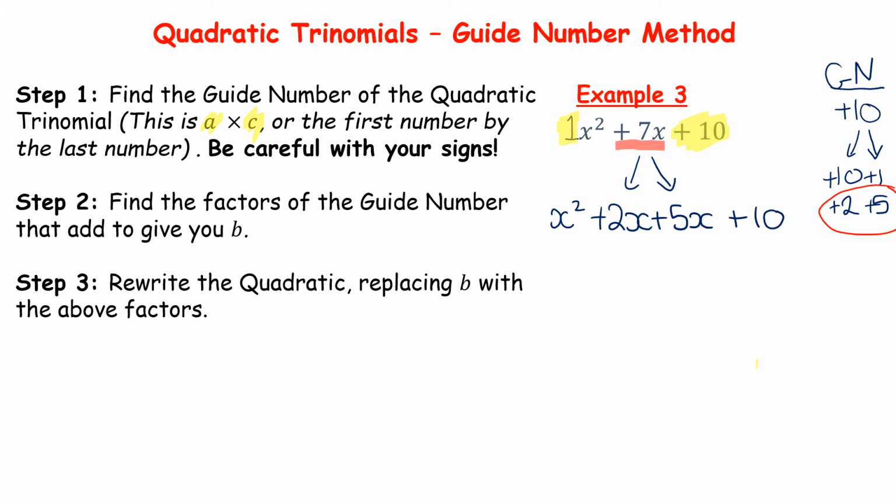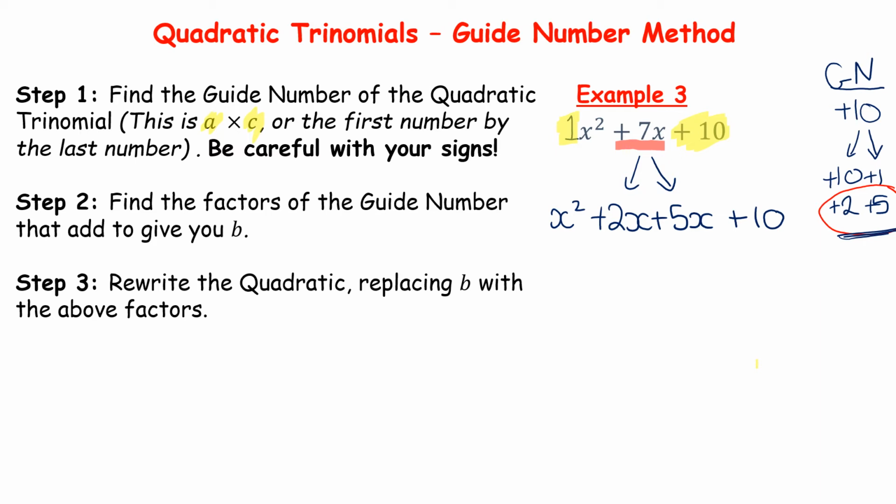I haven't changed what it's worth. So this is the same as going in with a €5 note and coming back with 2 2s and a 1. It's the same value. It looks different, but it is the same value. Where we got that 2 and the 5 was from our guide number, okay? And that's so important. It can't be any 2 numbers. We have to work with our guide number first.